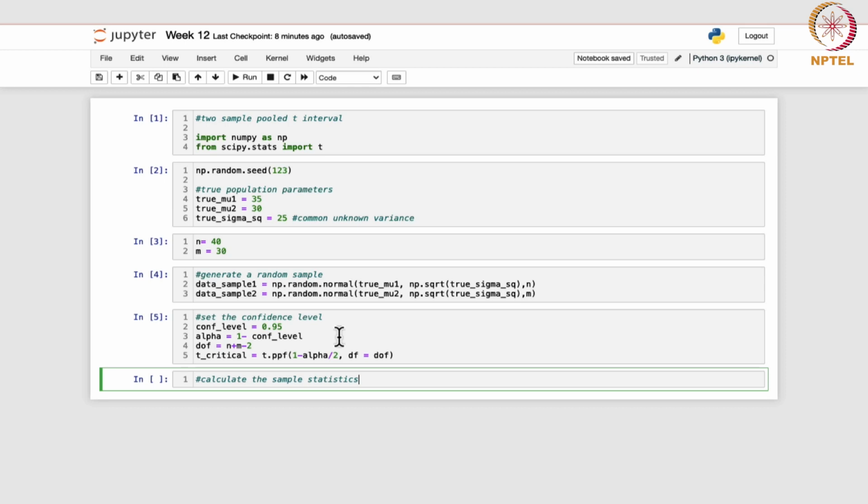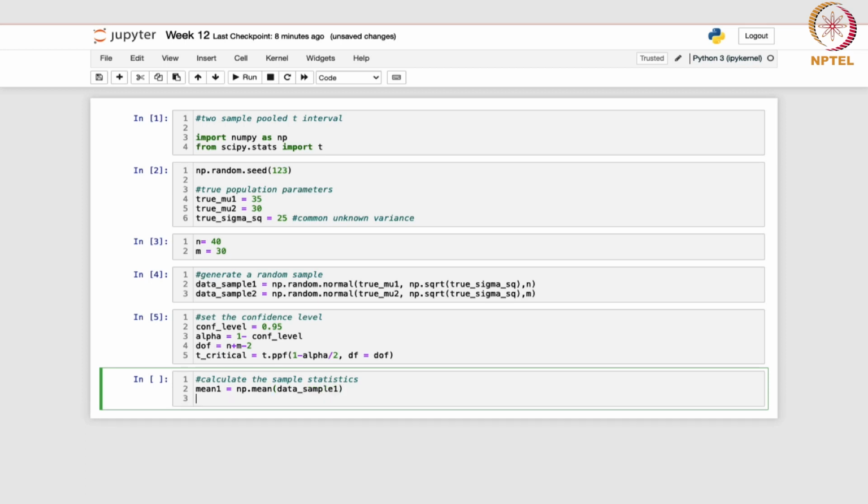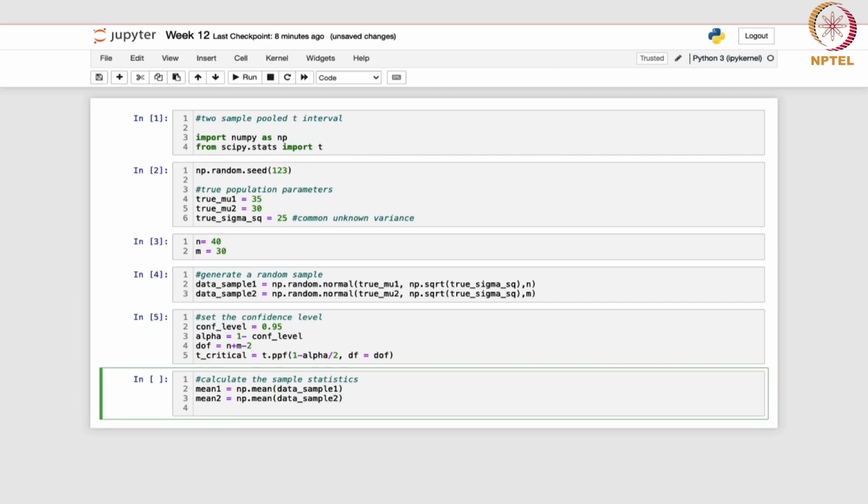So we will calculate the sample statistics now. mean1 would be calculated using np.mean, and here we would write data_sample1, and in mean2 we would store the mean for the second one, data_sample2. Similarly, sd1 can also be calculated, that is the standard deviation.